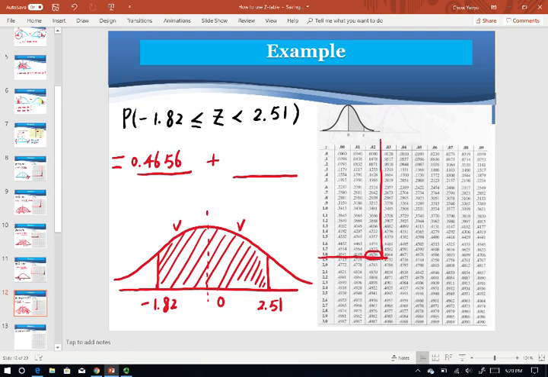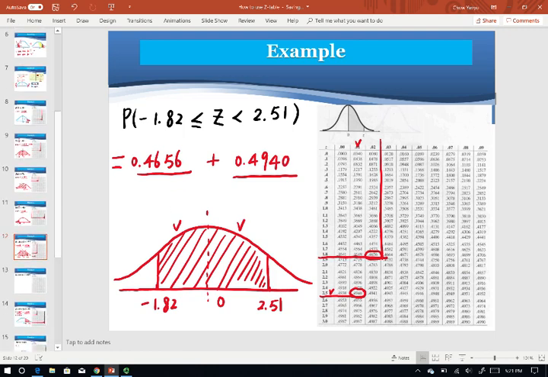And for 2.51, 2.51 is here, and this is the crossing. The table value is 0.4940, and you can calculate the result. So when the two z-scores are one positive and one negative, add the two areas.